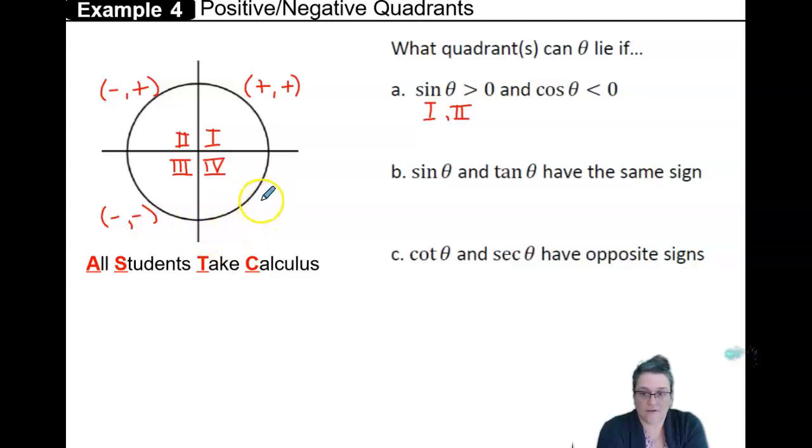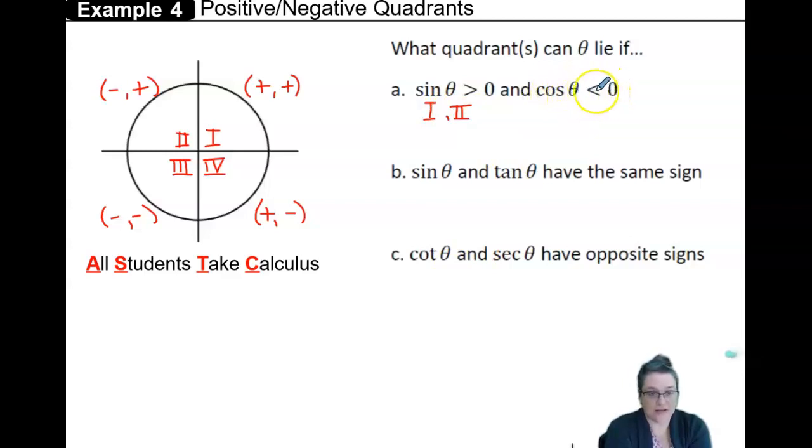And in quadrant 4, the x is positive, the y is negative, and that negative y would mean sine is negative in quadrant 4. So sine is only positive in quadrants 1 and 2. Now we're looking for the quadrants where the cosine of the angle is negative.